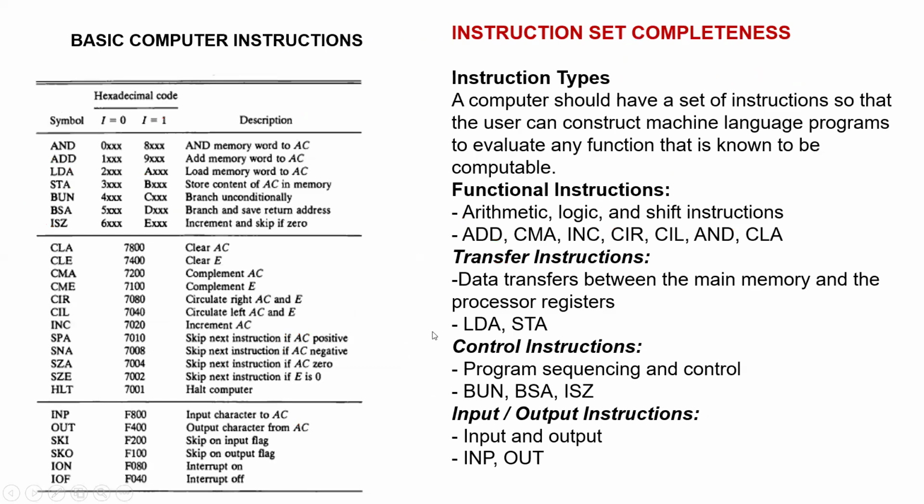So now here we have the basic computer instructions. What are the different basic computer instructions here? You have seen that in the case of memory reference, register reference, and input-output, the instruction codes have different parts.